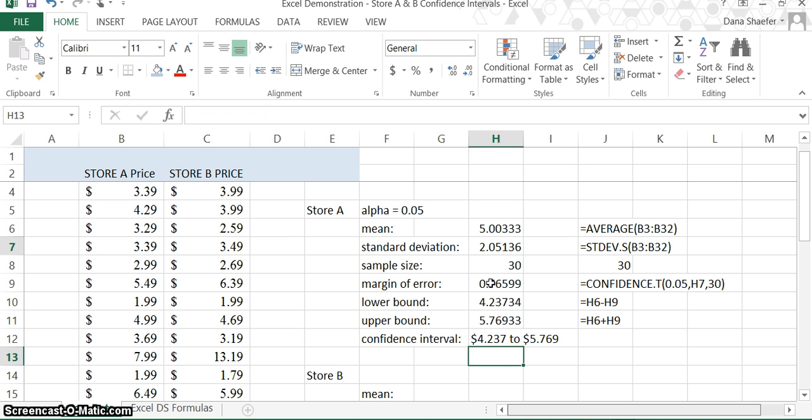But for my interpretation, I'm going to say that the population mean is between, since I'm talking about money, so this is just my informal interpretation, $4.24 to $5.77.